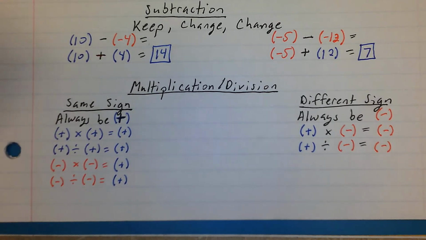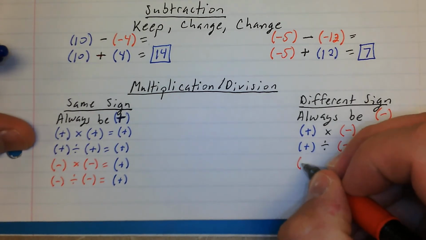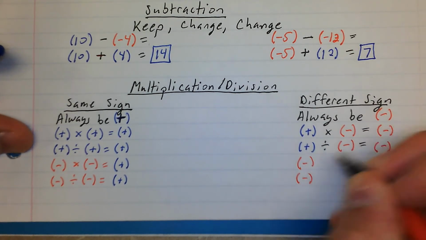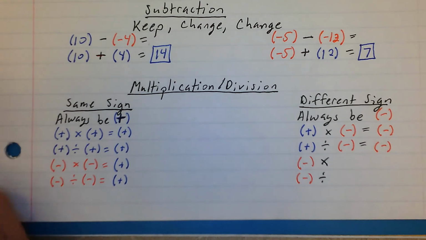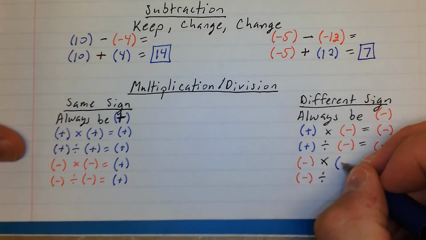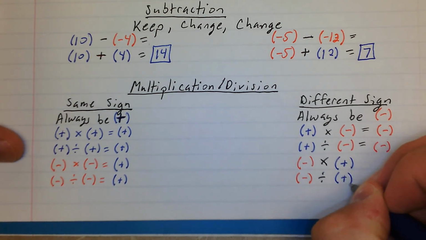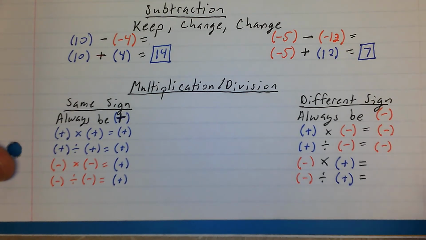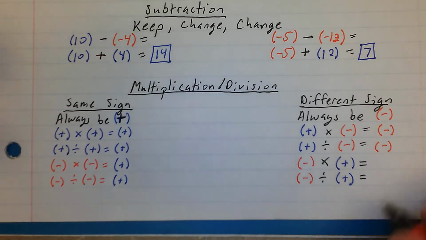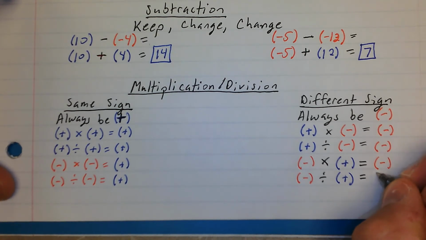So if the signs are different, the answer will be negative. And then vice versa. If my first number is negative and I multiply or divide it by a positive number, then my answer will still turn out negative.